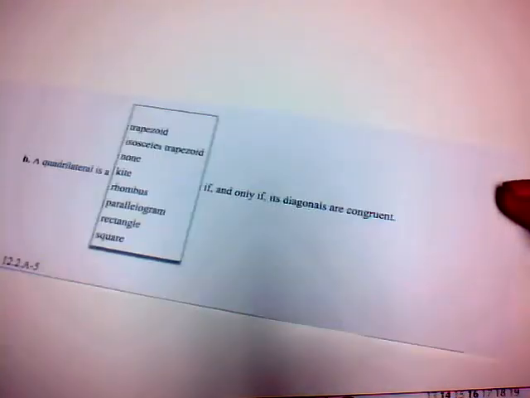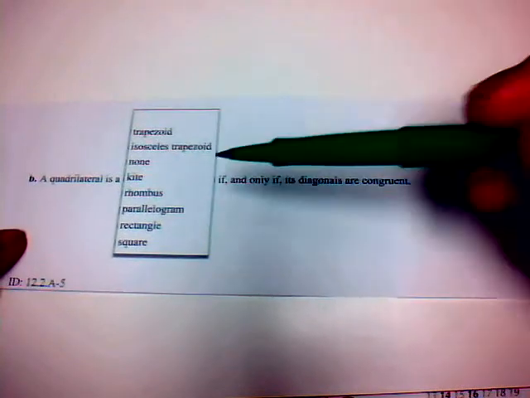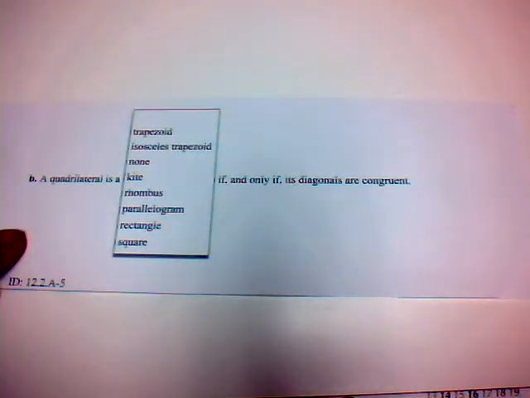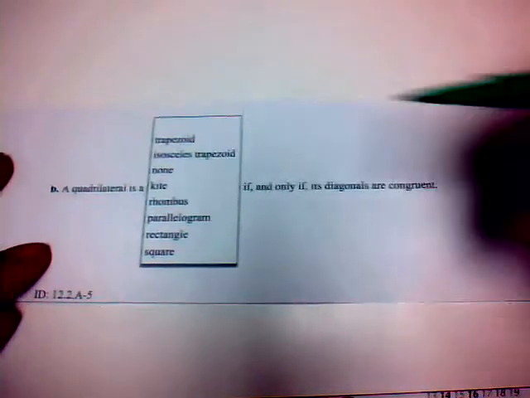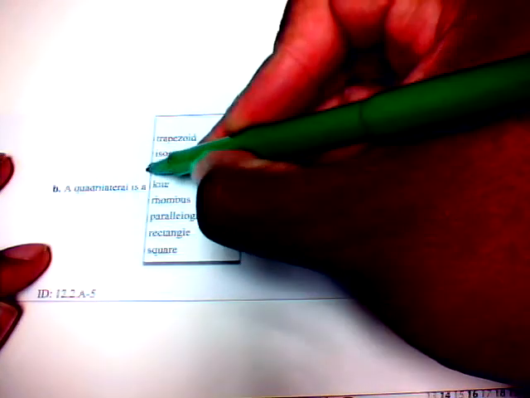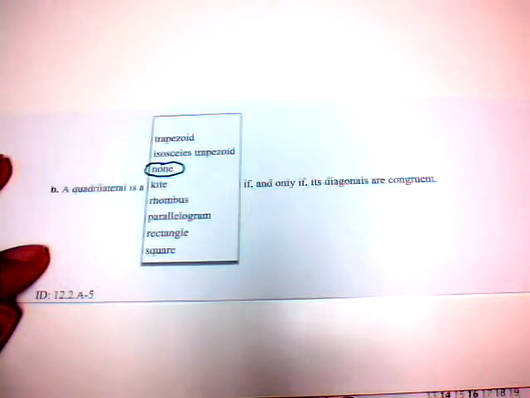Okay, part B of number 2 is this. A quadrilateral is going to be one of these if and only if its diagonals are congruent. And in this case, that answer there is none.